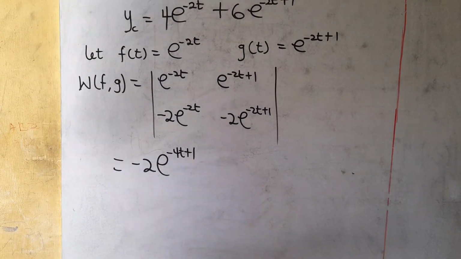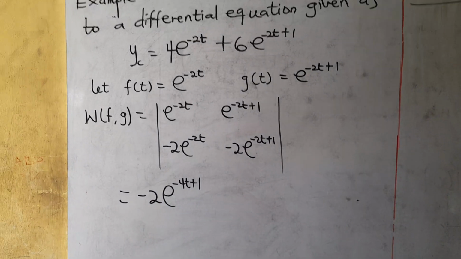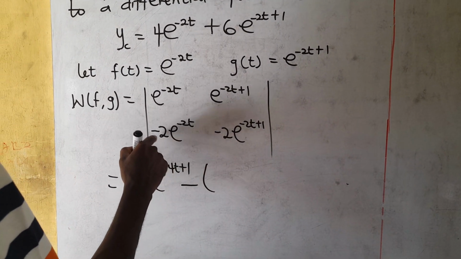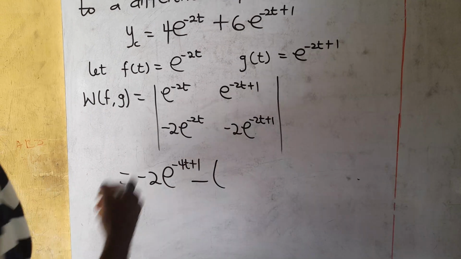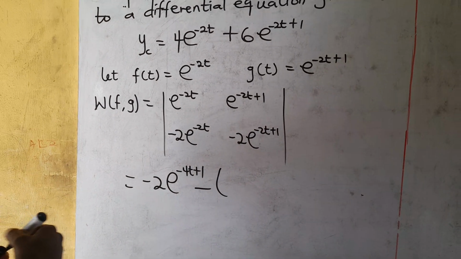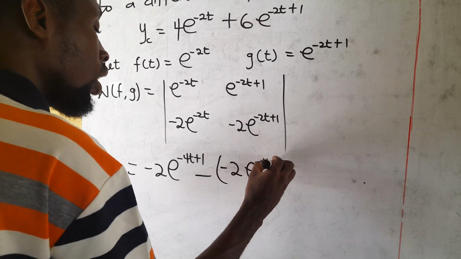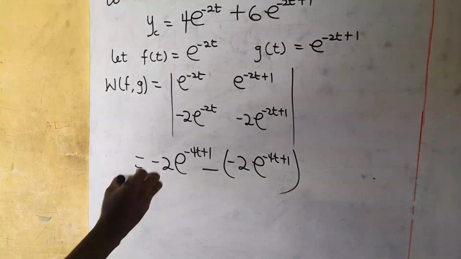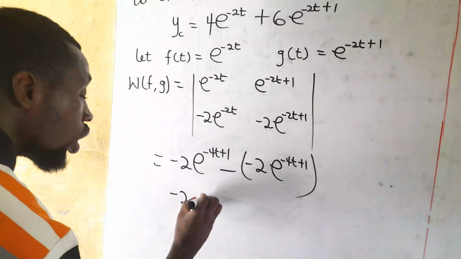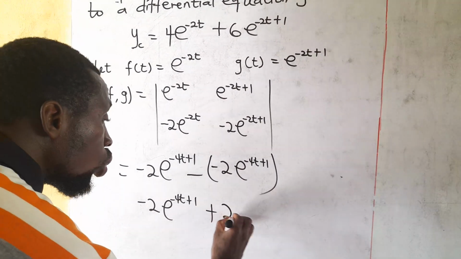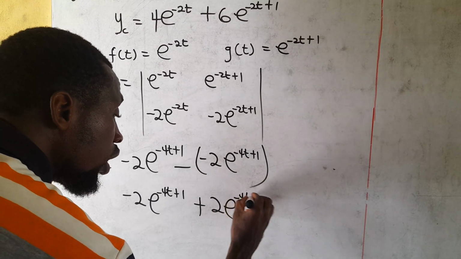Then minus negative 2 e exponent negative 2t times e exponent negative 2t plus 1 will be negative 2 e exponent negative 4t plus 1. What do we get? We get negative 2 e exponent negative 4t plus 1, then plus 2 e exponent negative 4t plus 1.